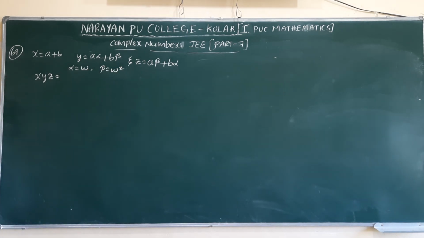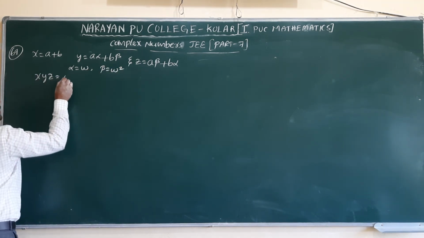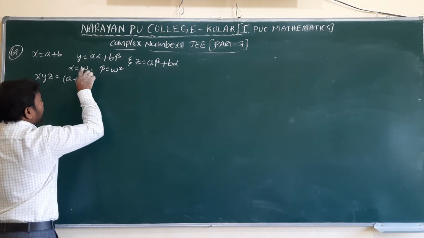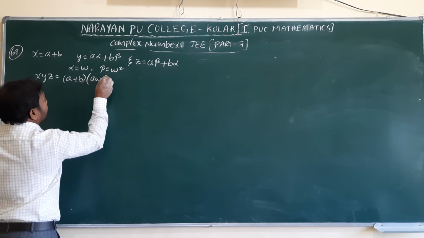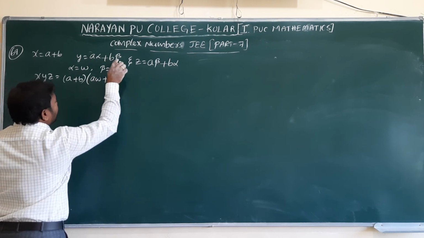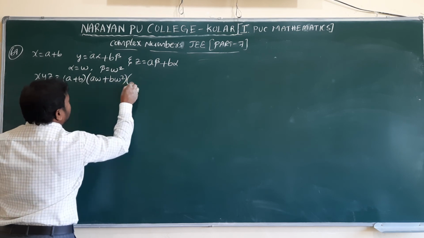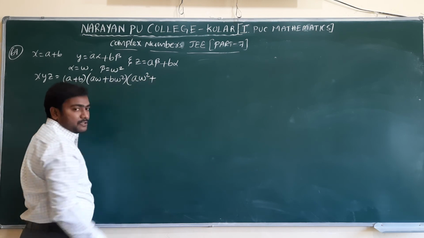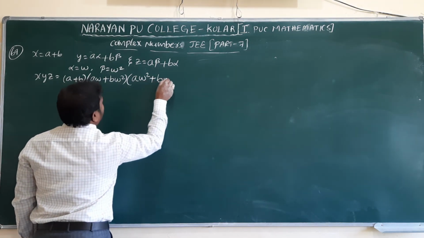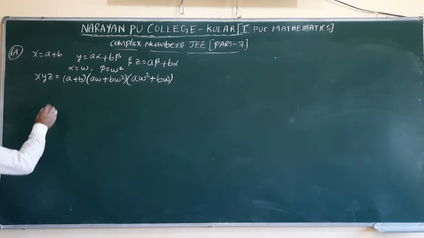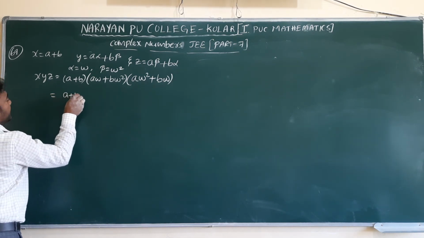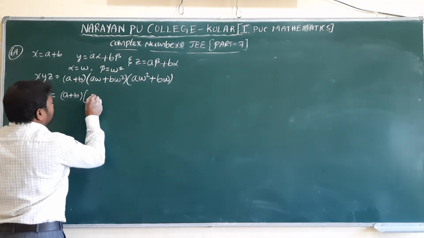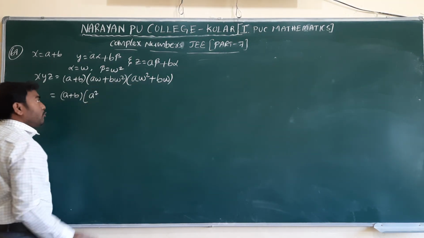Then substitute the values here: x value is a plus b, y value is a alpha, alpha value omega, so a omega plus b into beta value omega square, into z value a into beta value omega square plus b into alpha value omega. Here a plus b, multiplied here a square, omega into omega square, omega cube we are getting.